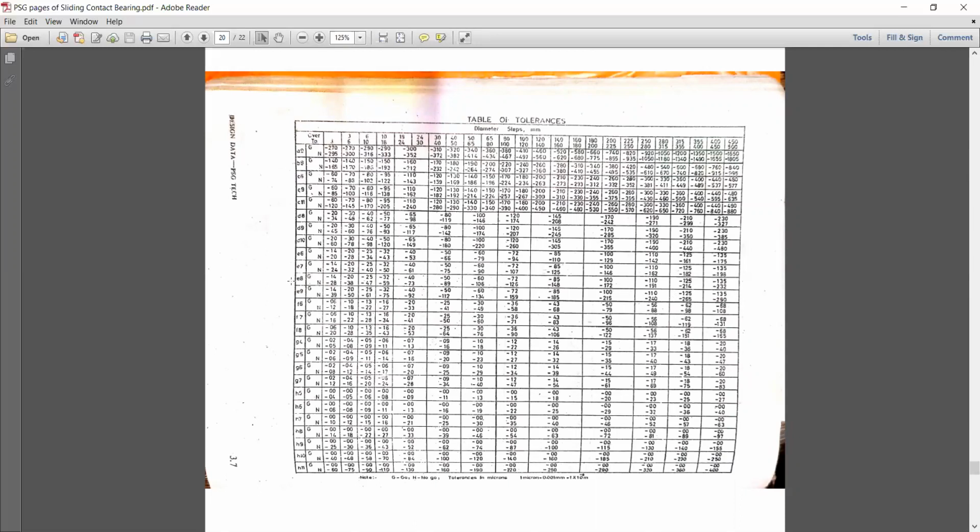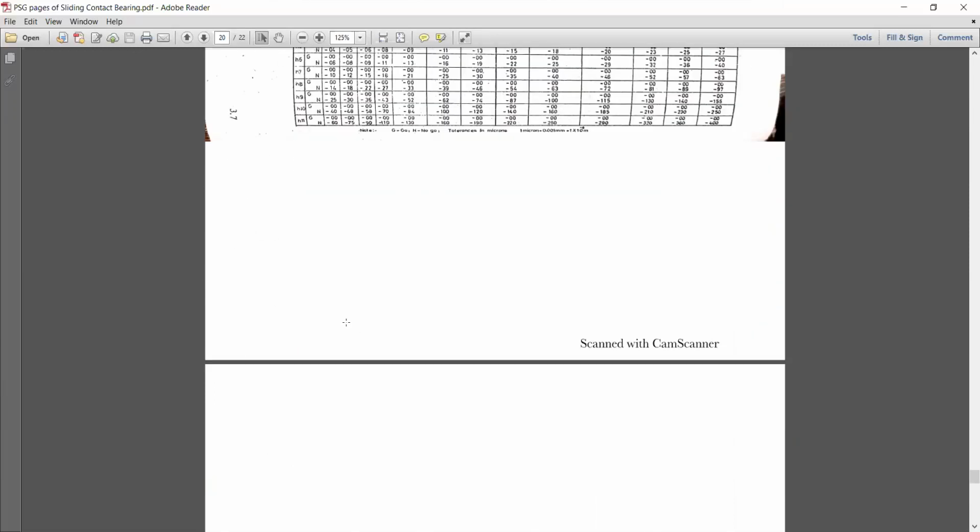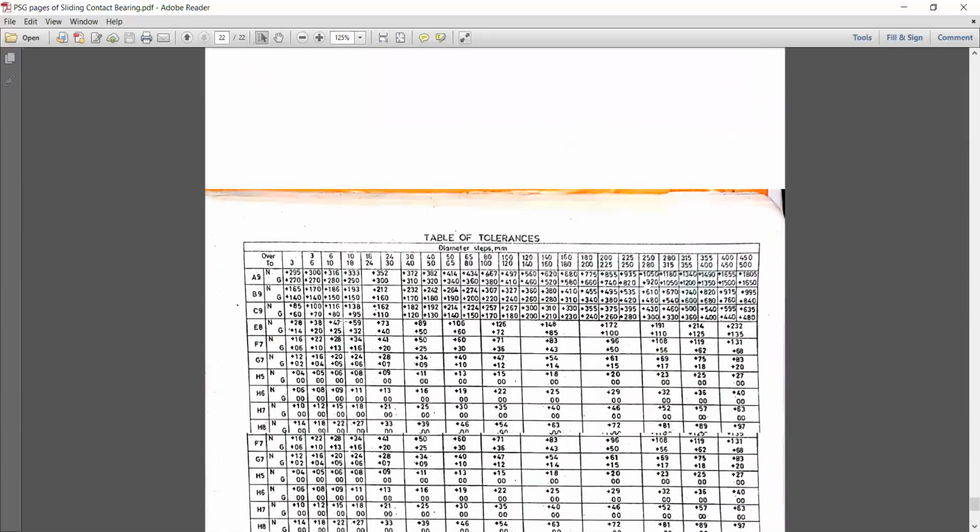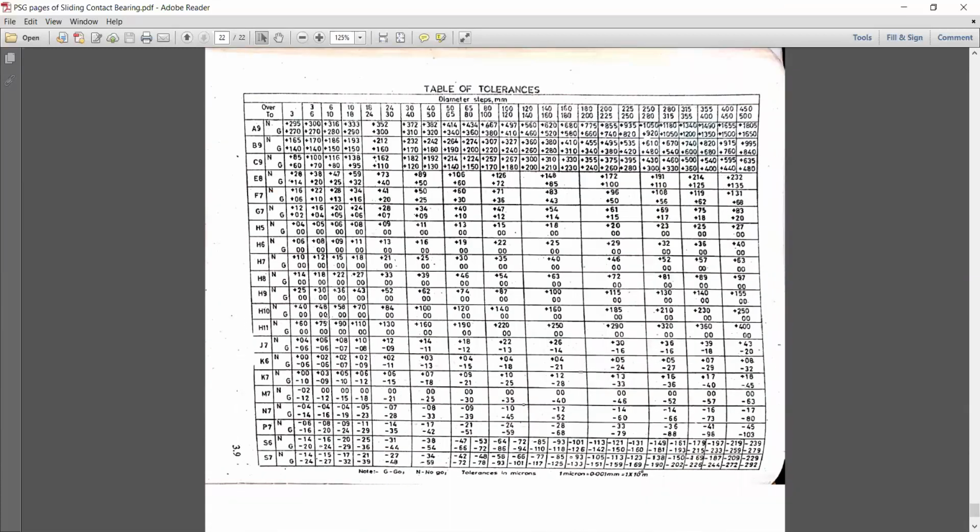For PSG page number 3.9, the fit is H9. Here the H9 fit is given, and for H9 fit, the range is provided over here. For 50 to 80, the range is given, that is plus 74 micron to 0.